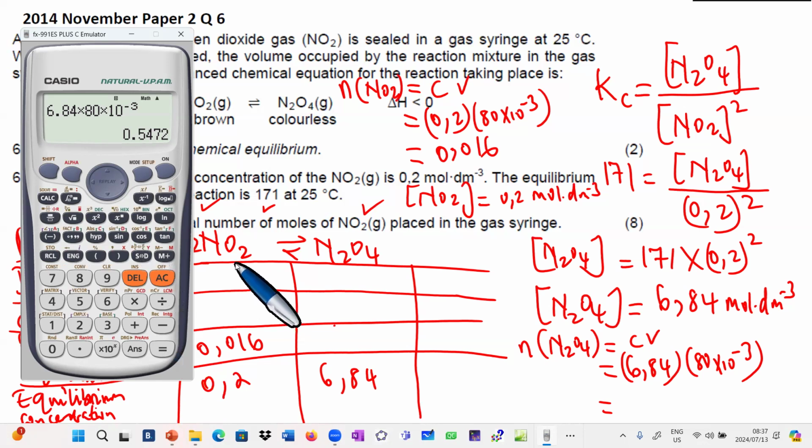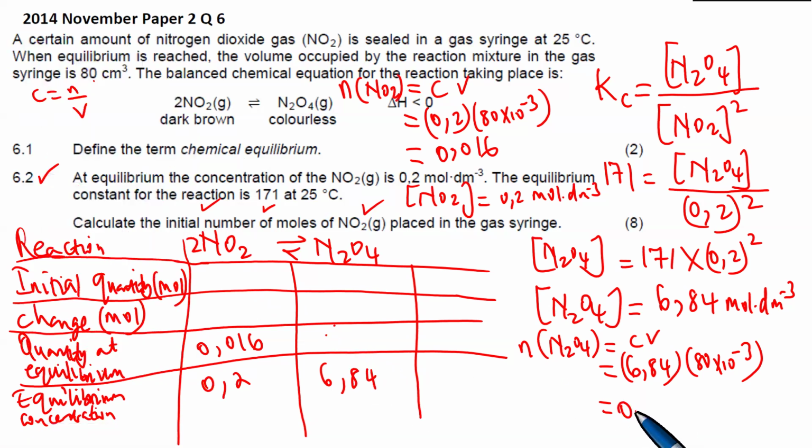Okay, it is 0.5472. Well, we're dealing with 2 decimal places, so we can round it off to 0.55. Okay, we good? So it is 0.55 moles there.